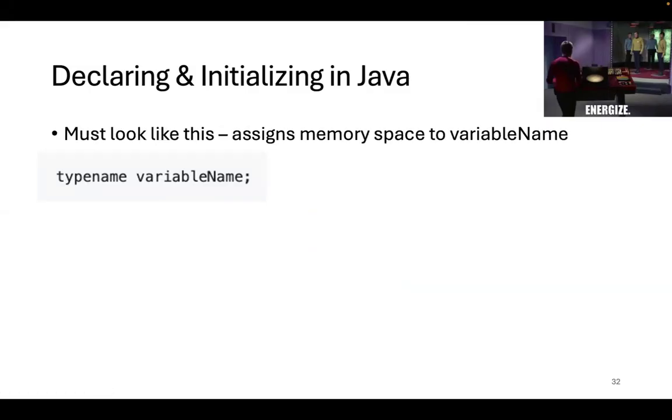So it has to look like this. And what it's doing under the hood is it's assigning a space in memory that says, okay, the variable is going to live here, but I need to know how much space to allocate for this variable. If it's an int, that's a different amount of space than if it's a string or something else.